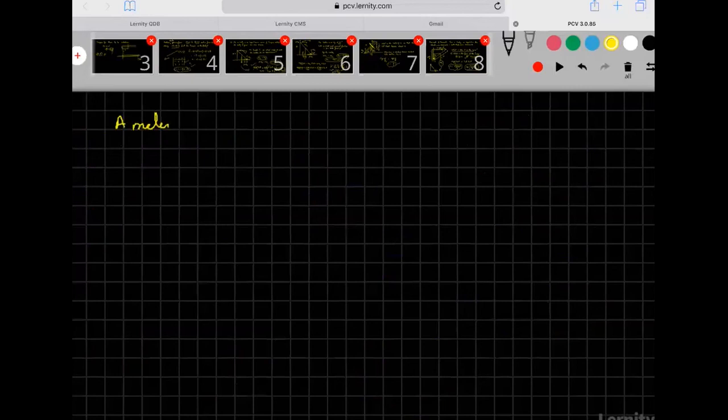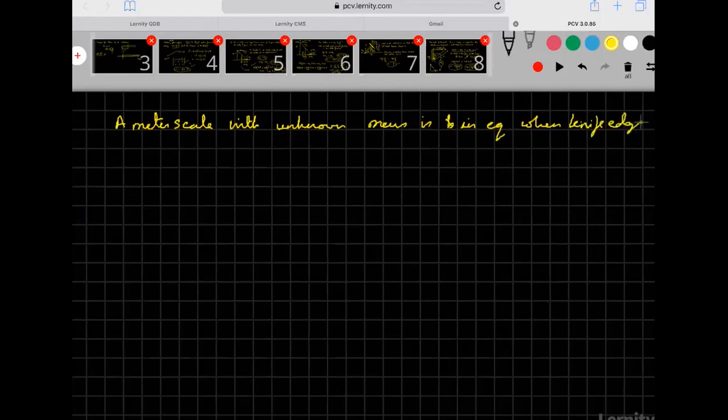A meter scale with unknown mass is balanced, or is in equilibrium, when the knife edge is at the 40 cm mark with a 150 gram weight at the 10 centimeter mark.